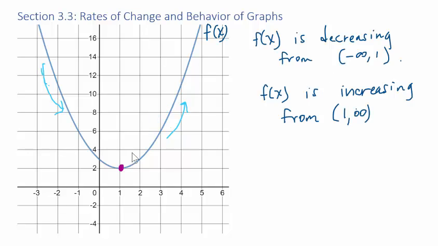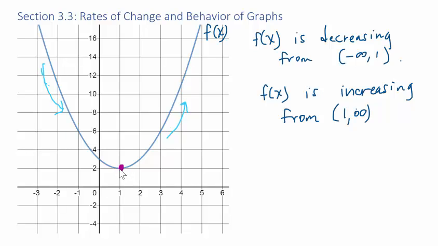Another important location on the graph is this vertex, where the function stopped decreasing and started increasing. This is called a minimum. It can be considered one of two options. First, it's a global or absolute minimum because it's the lowest point on the graph.